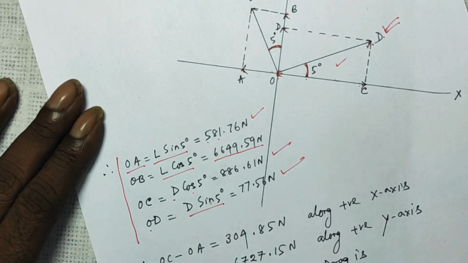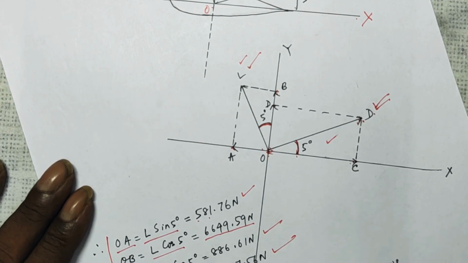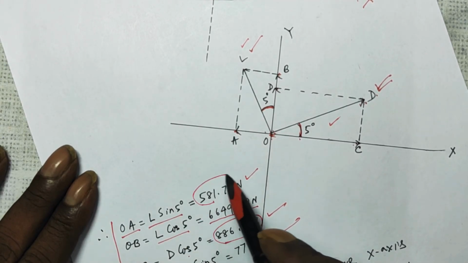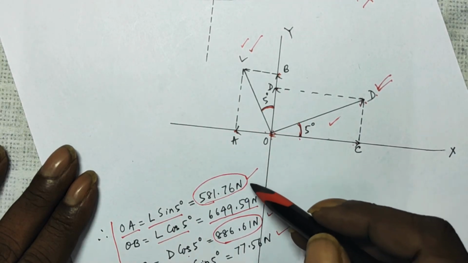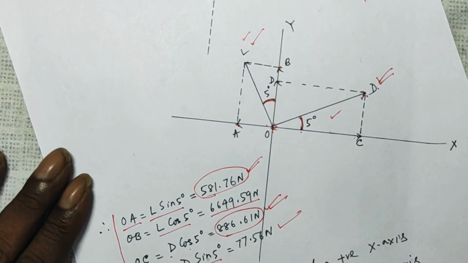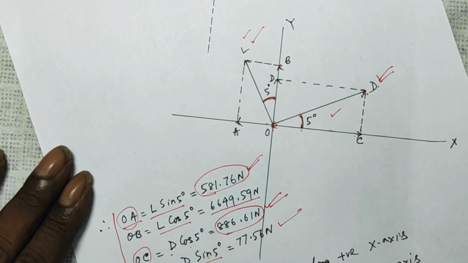Now if you look at the value of OC, this value is greater than this value. Both this force as well as this force are opposite to each other. So the resultant will be OC minus OA.